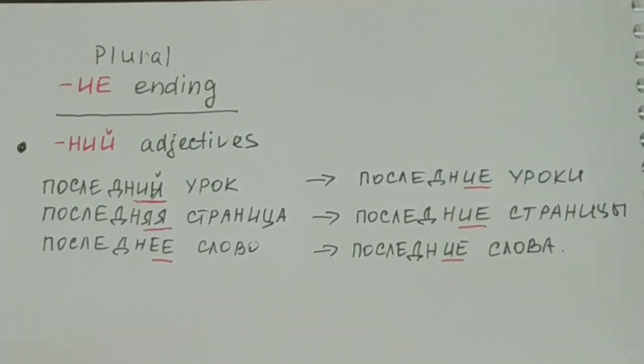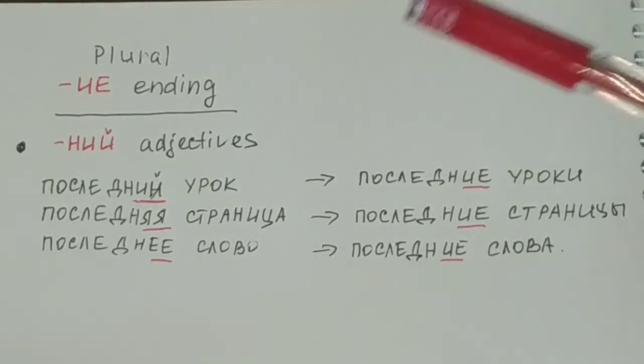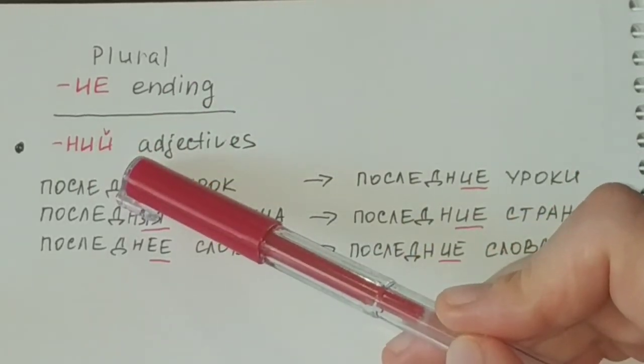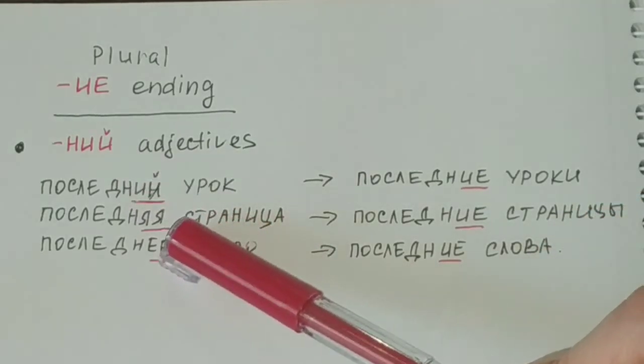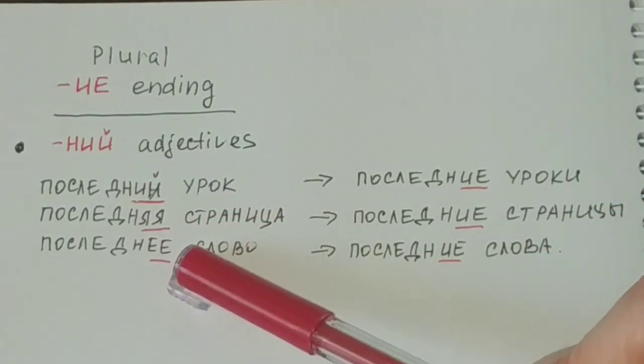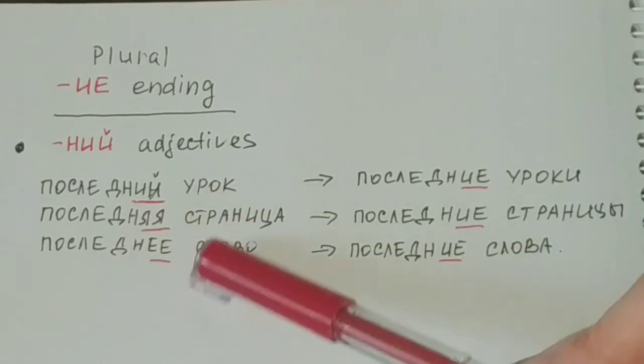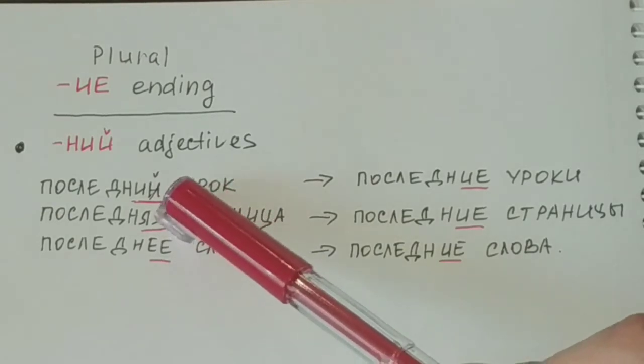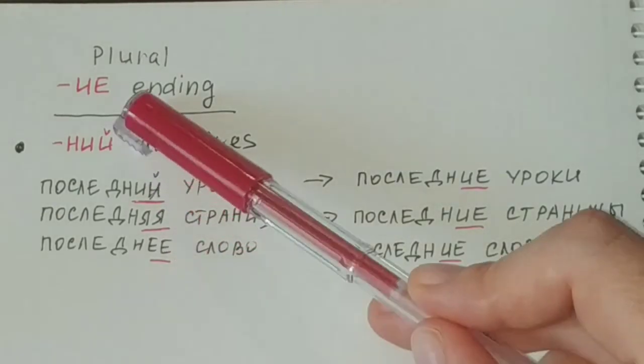And of course, to that group also belong the adjectives of the other genders, like feminine and neuter genders. So let us go over some examples. The first example will be adjectives that in their masculine gender form end in ний. So their feminine gender form will be ending in няя, and neuter gender form will be ending in нее. So they all form their plural form by changing the last two letters into ие.